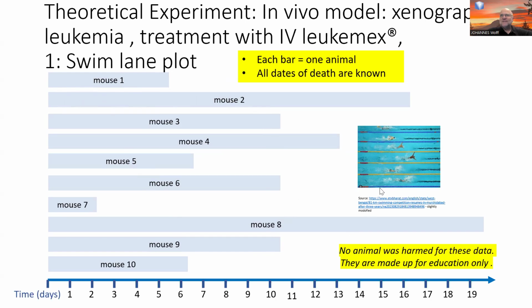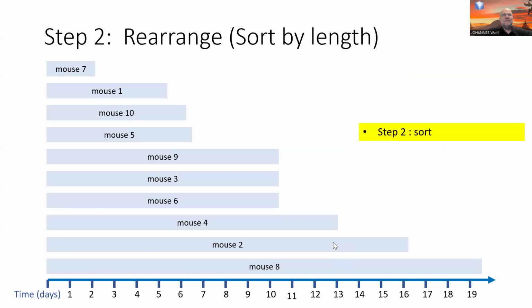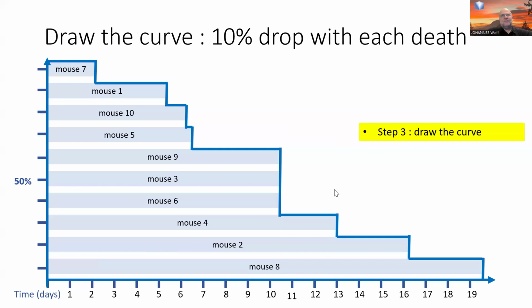Those figures are called swim lane plots because they sort of resemble what you see when you look from the top into a swimming competition. Before you do anything further, you typically sort them with the shortest on top, and then you can draw your curve.